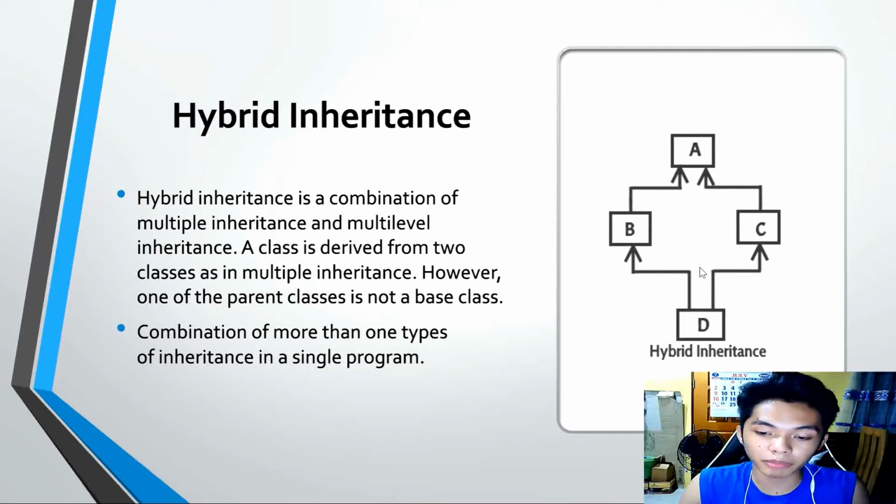Hybrid inheritance can be achieved in Java in the same way as multiple inheritance can be, so using interfaces. Yes, you have heard that, right? By using interfaces, you can have multiple as well as hybrid inheritance in Java.